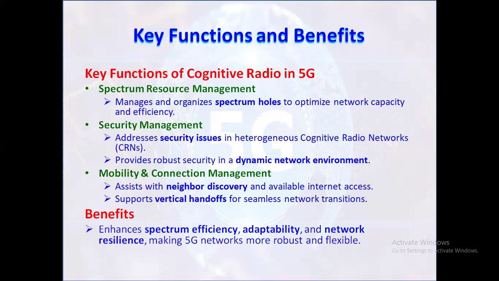By identifying these gaps, cognitive radios enable the network to use underutilized frequencies effectively, reducing bottlenecks and improving the overall network capacity, which is especially critical in the high-demand environment of 5G.